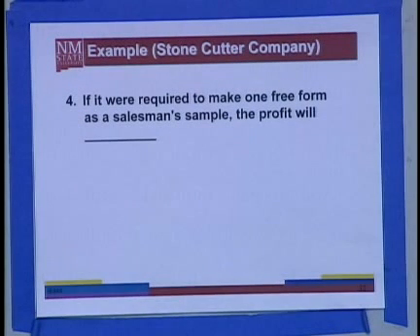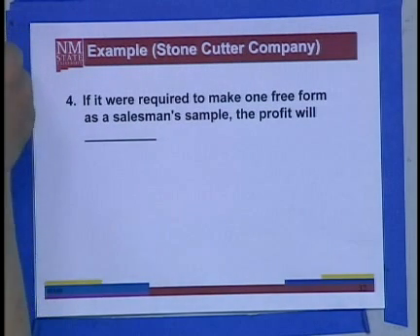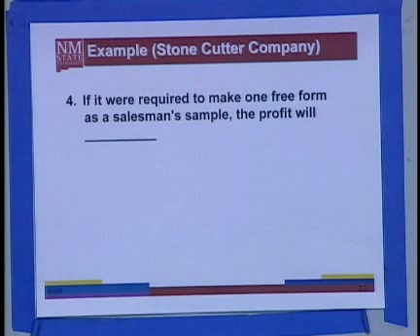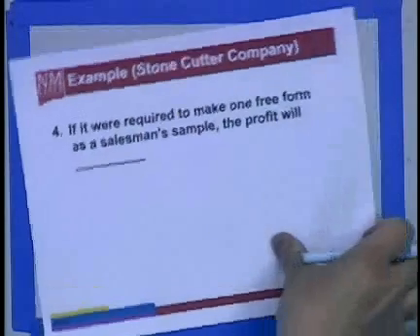Okay, what about number 4? If it were required to make one freeform as a salesman sample, what happens to the profit? What happens to the objective function value? So what information do you need to look at?